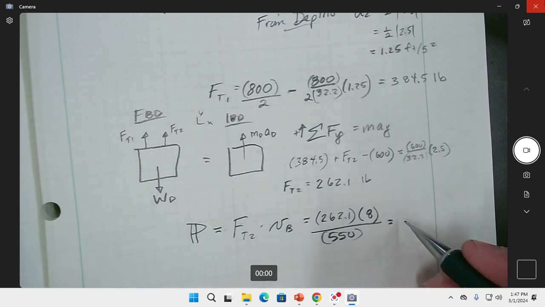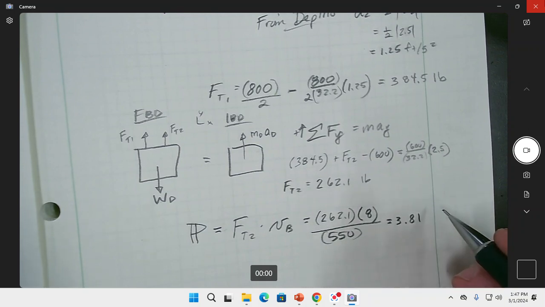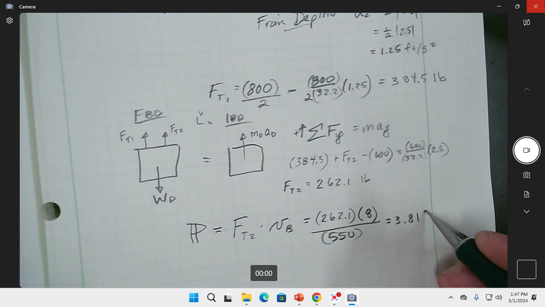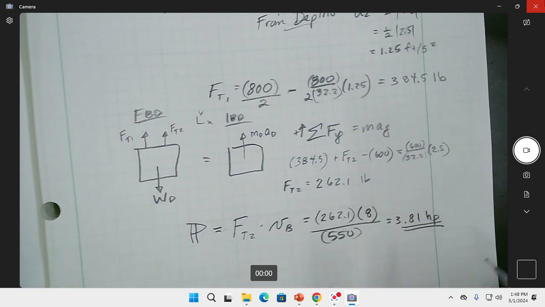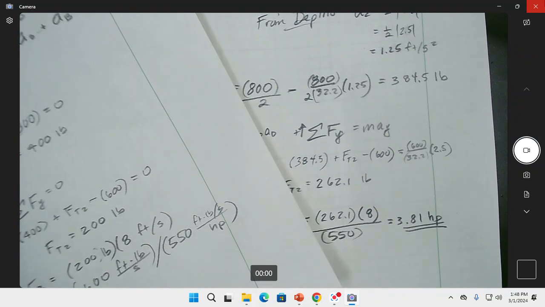In my class I should answer this next question, but we want to give everybody else a try. How many horsepower is one horse? So close.